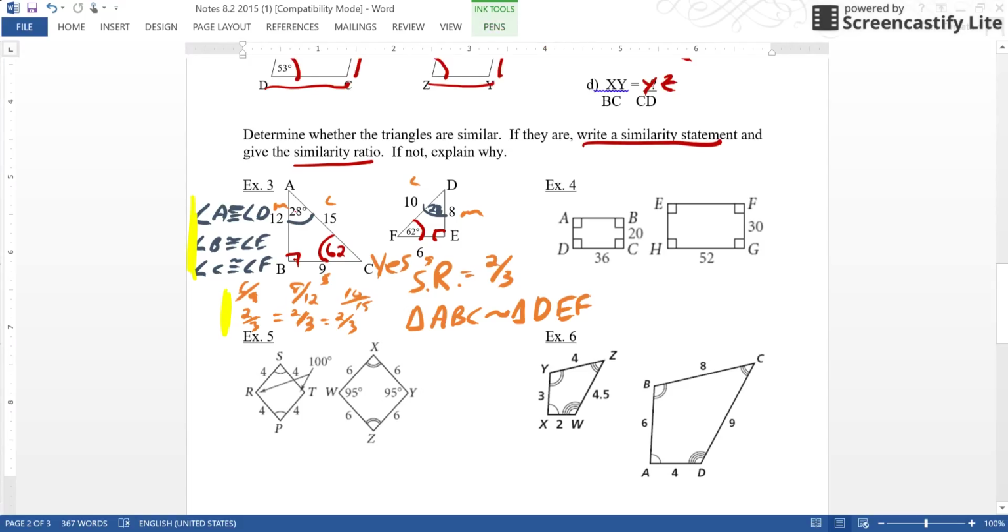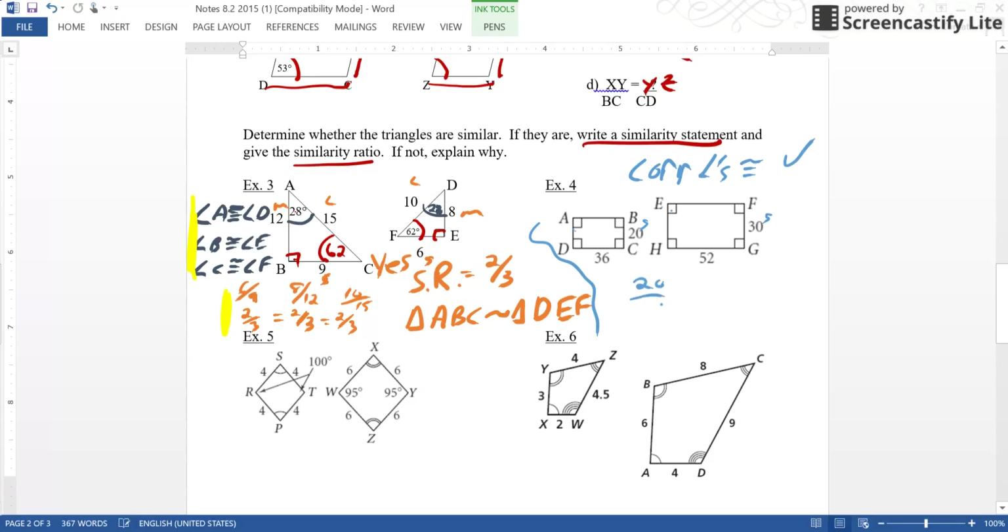Let's take a look at this one here. So these triangles here, all the right angles right here, all these right angles are all congruent. So all corresponding angles are congruent. That checks one thing. Now I've got to see the sides, the proportion. So here's my small and my small.